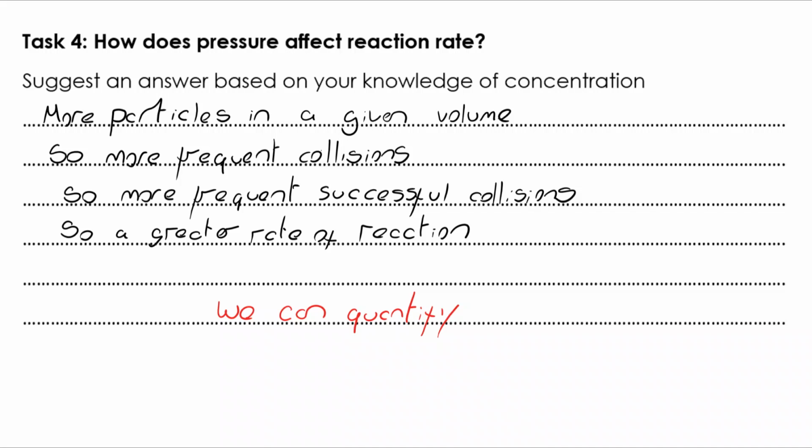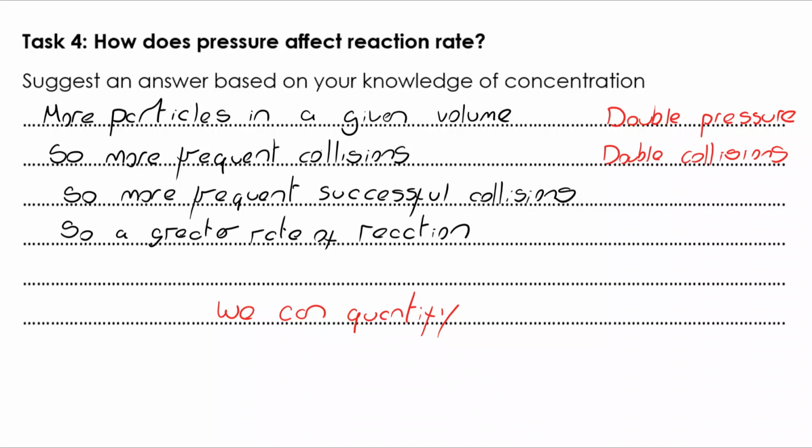And I'm going to take the example of what happens if I double the pressure. If I double the pressure, that means I've got double the number of particles in a given volume. So if I double the pressure, that means I'm going to double the number of collisions.